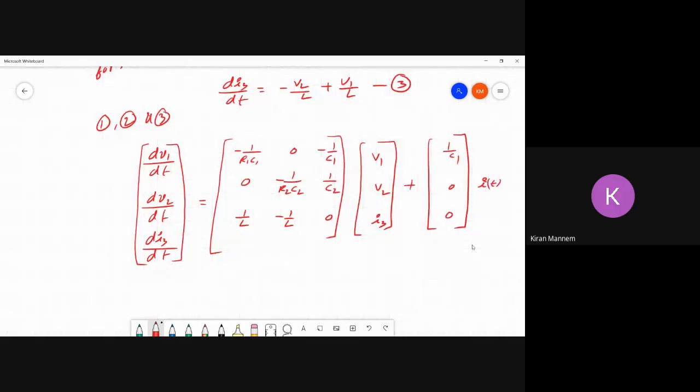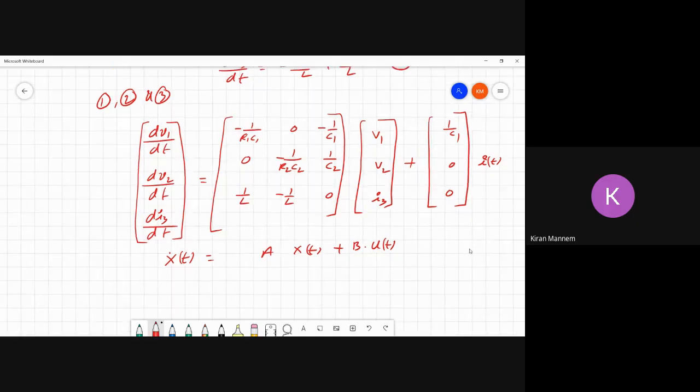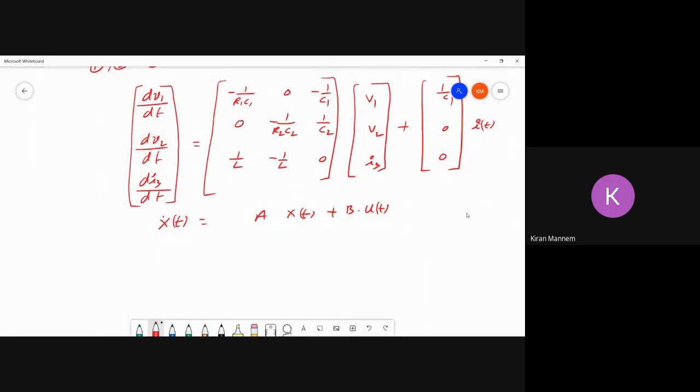I hope you understood. This is x dot of t is equal to A matrix into x of t plus B matrix into u of t, the input matrix. Similarly for the output variables: what are the output variables mentioned here? The output variables are I5 and V2, right?